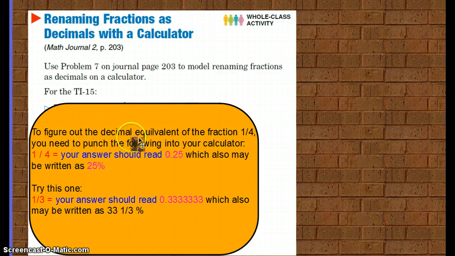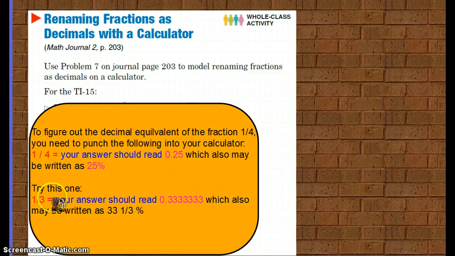So to figure out the decimal equivalent of the fraction 1/4, you need to punch the following into your calculator. 1 divided by 4 equals, and your answer should read 0.25 or 25 hundredths, which also may be written as 25%. So if you get 1/4 of a candy bar, you are getting 25 hundredths of it, or 25%.